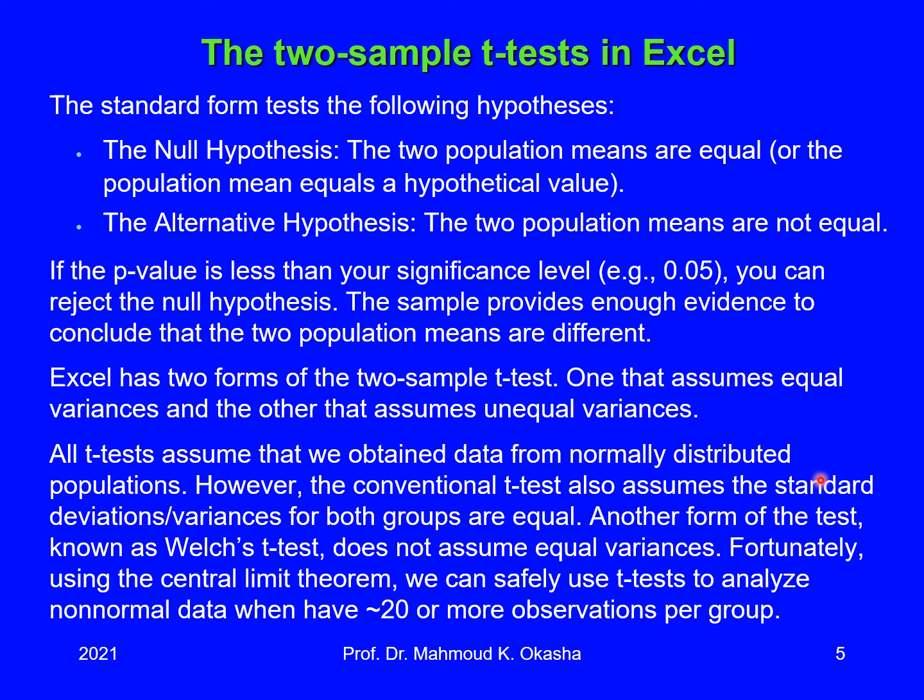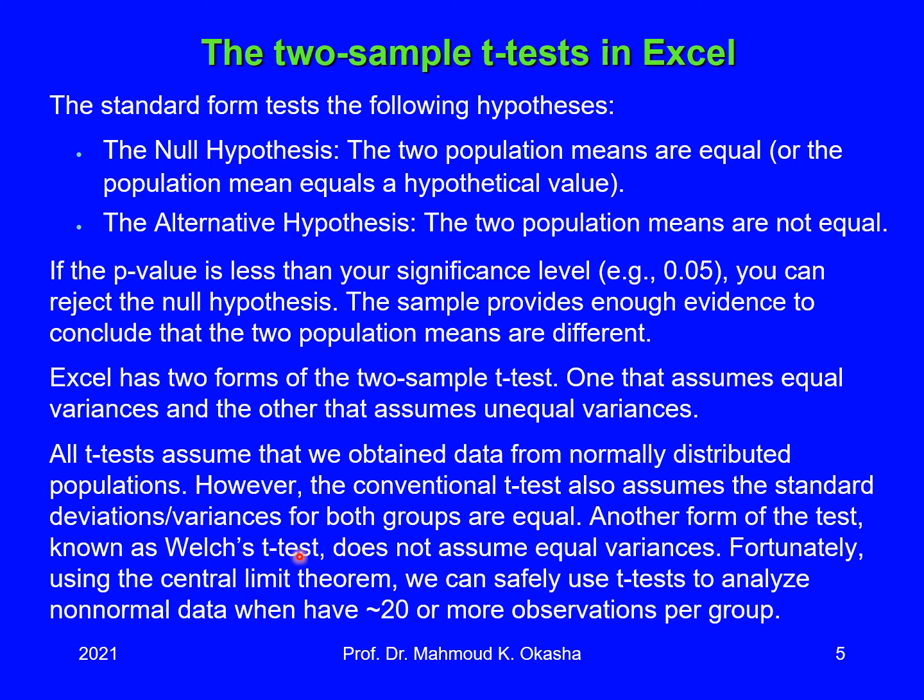One assumes that the variances of the populations are equal; because they are independent populations, the variances could be different or could be equal or not equal. So we have two versions, a version for equal variances and a version for unequal variances.